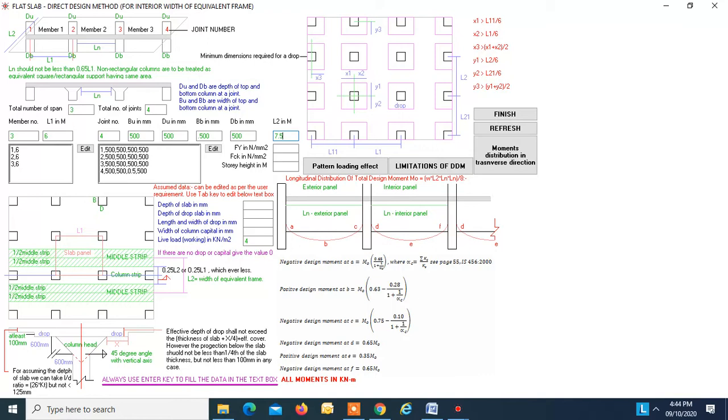L2 is 7.5, fy is 415, fck is 20, height of story is 3.5. We have taken the depth of slab as 250. So we will take it as 250.